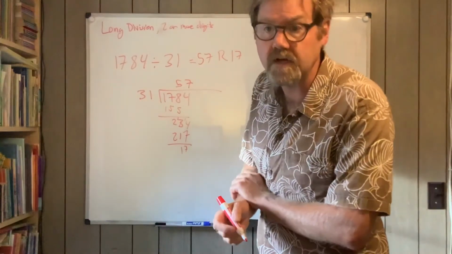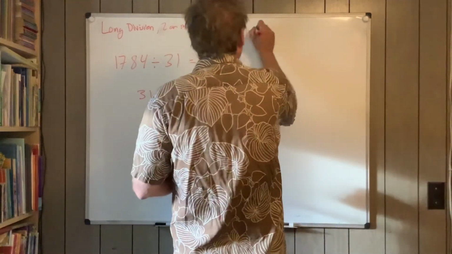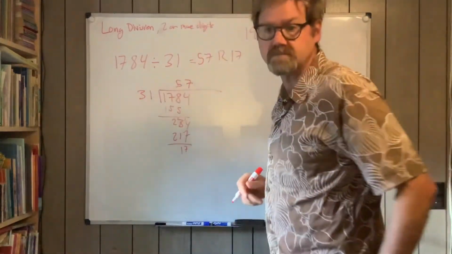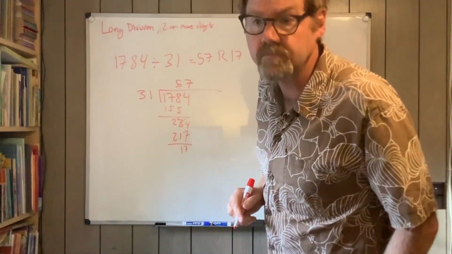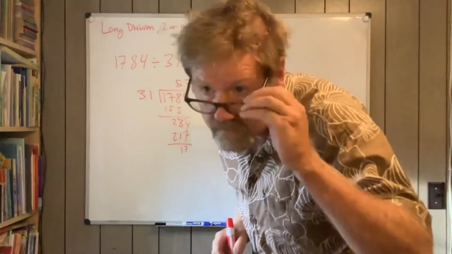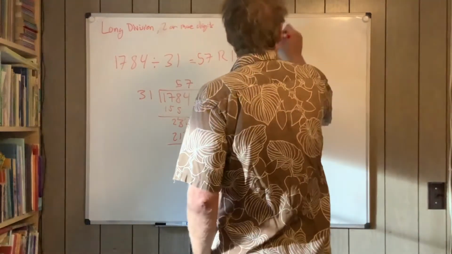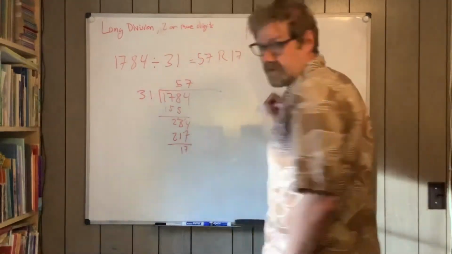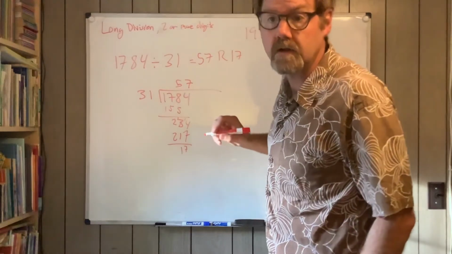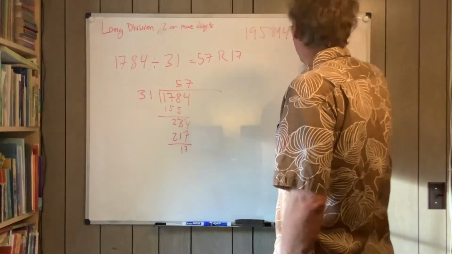I'm going to do 195,894 divided by 721. Okay.